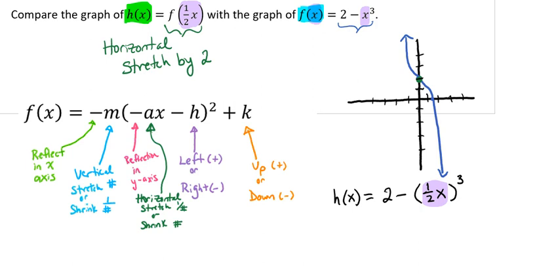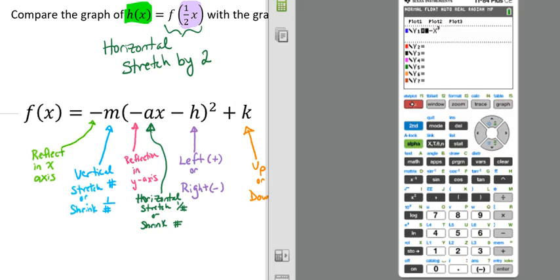That's really the easiest thing since we're just comparing. Let's just plug it in as we see it. So we go to our y equals, and we plug in 2 minus, and then in parentheses, 1/2 x, then we close our parentheses and raise all of that to the third power.